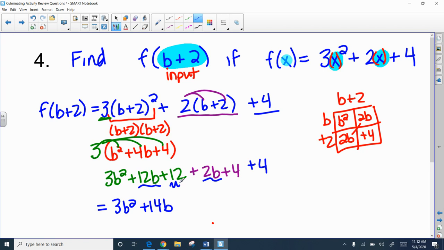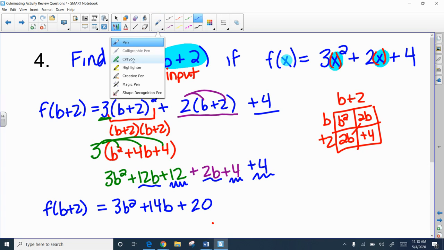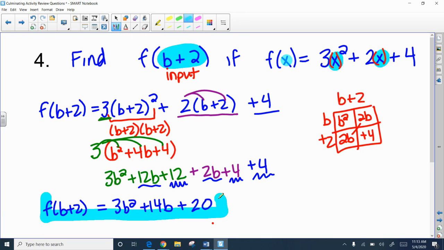And then I can combine the numbers. 12 plus 4 plus 4 is 20. So our final answer, f of b plus 2 equals 3b squared plus 14b plus 20. Since our input was a variable expression, our output still has variables in it.